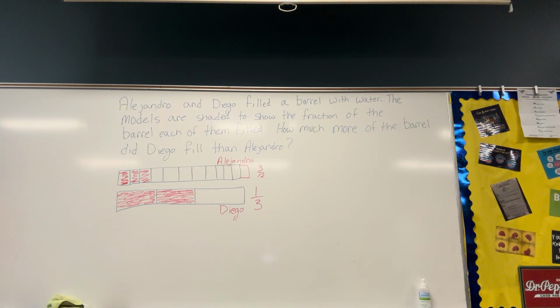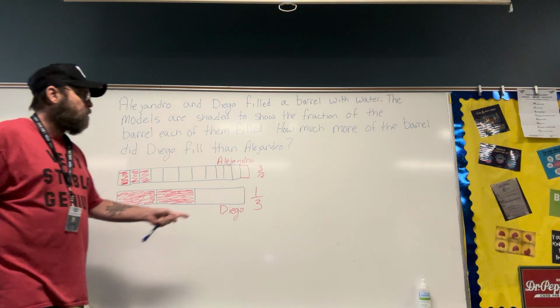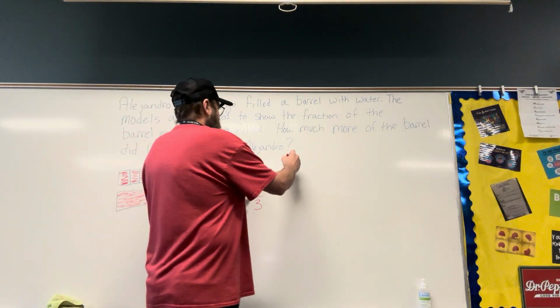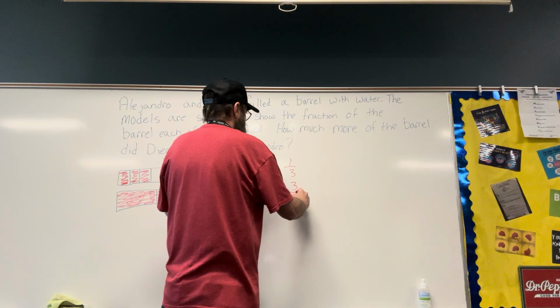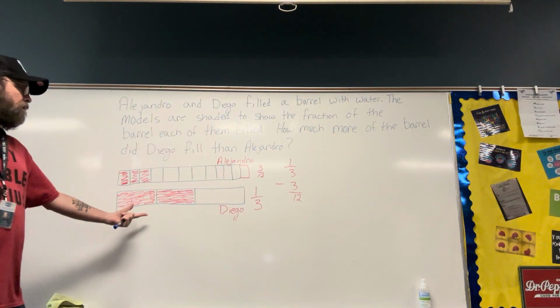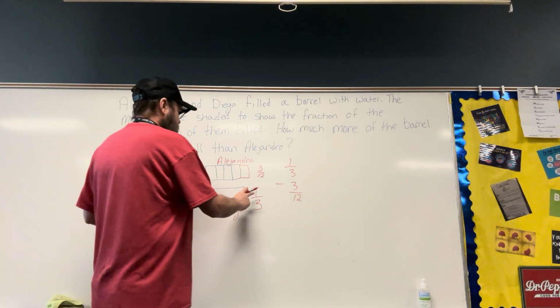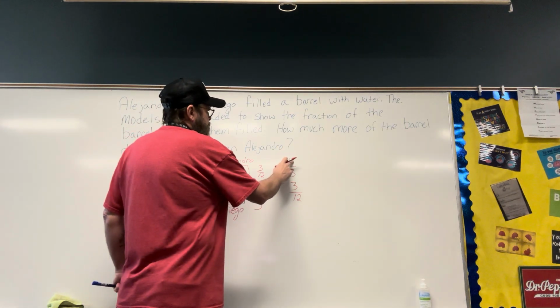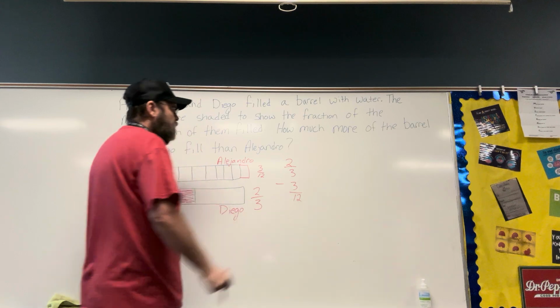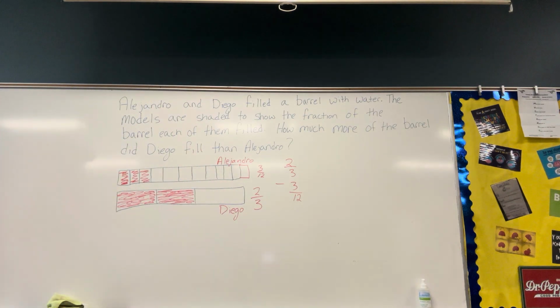So we have to find, we're going to subtract. Now it looks weird here that we would subtract Diego's, but we would, because obviously, I'm sorry, this is 2/3, not 1/3. 2/3, no wonder it looked weird. 2/3 minus 3/12.